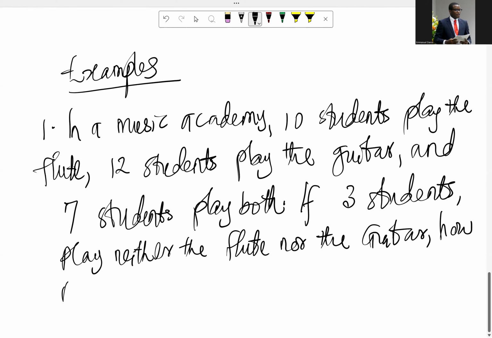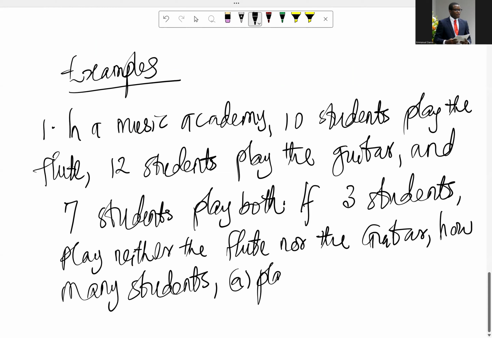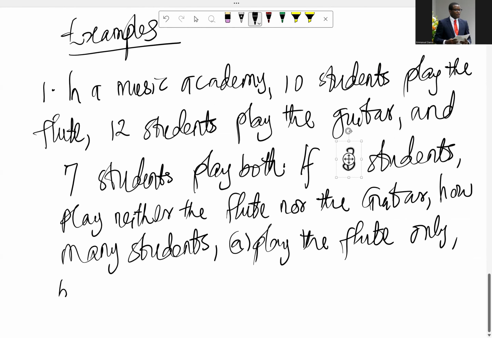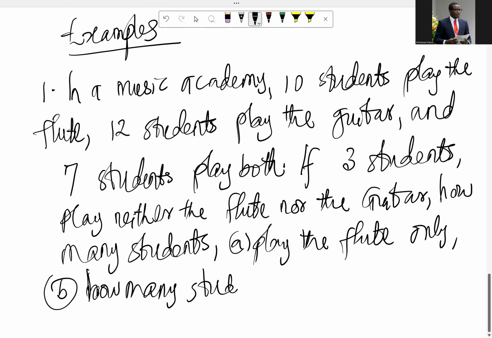how many students play the flute only? B, how many students play the guitar only?